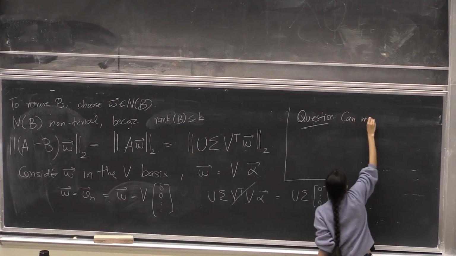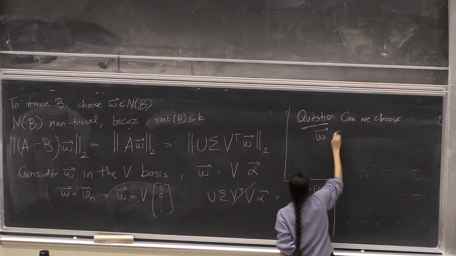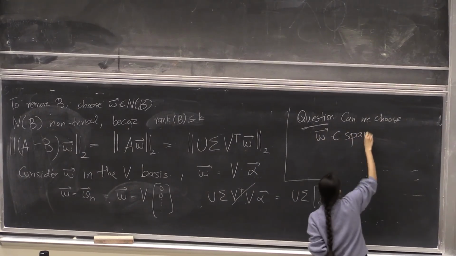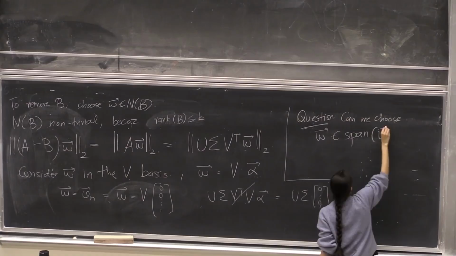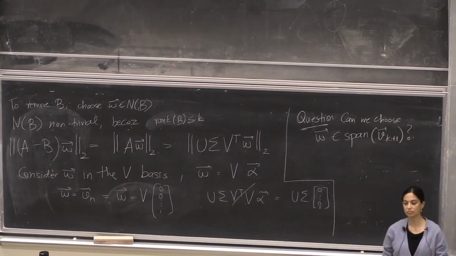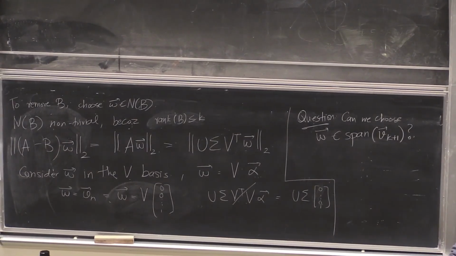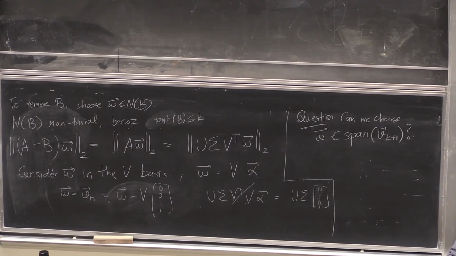Okay. So if I try to choose something in the Vk plus 1, so question, can we choose W belonging to the span of Vk plus 1? So do there exist unit vectors in the span of Vk plus 1? There do, right?